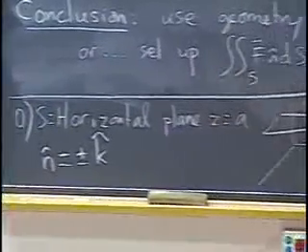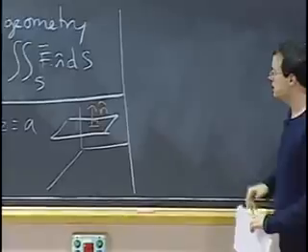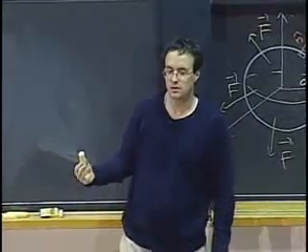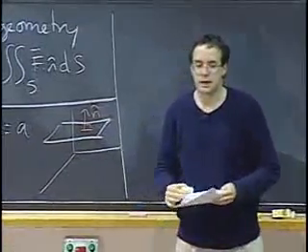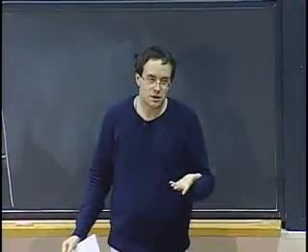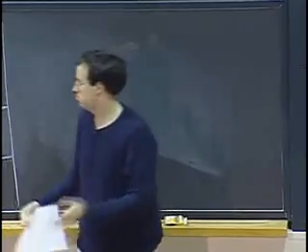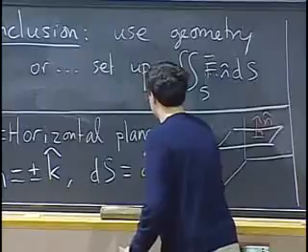So the normal vector is just sticking straight up or straight down. Now, what about dS? Well, it's going to be just the area element in a horizontal plane. It looks like it should be dx dy. If I'm moving in a horizontal plane, to know where I am, I should know x and y. So dS will be dx dy.